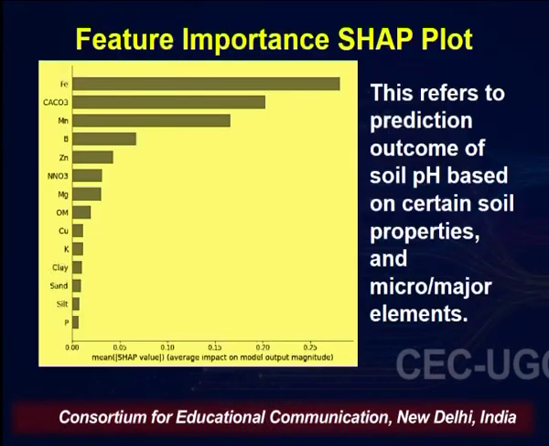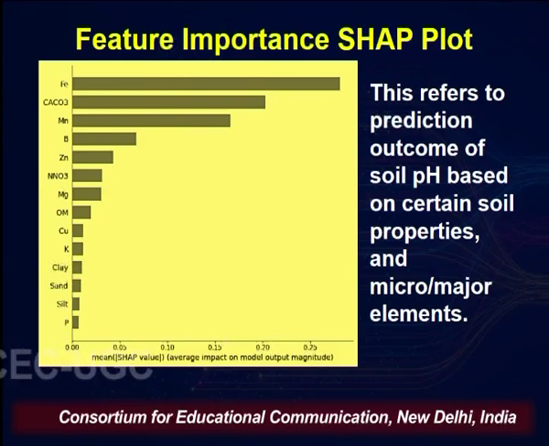For this we have a soil properties data set, with some major elements and micro elements, some soil properties as the input features. So we have taken this particular soil data set. If we draw the feature importance plot, it will look something like this. The feature having maximum importance will be on the top.